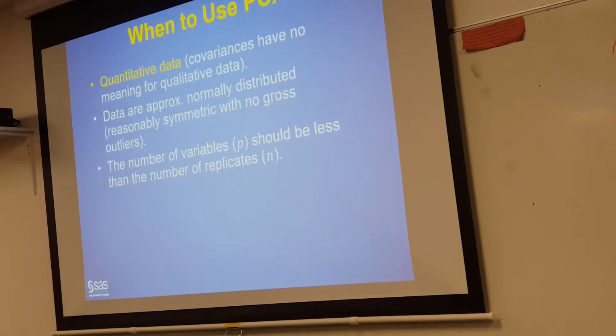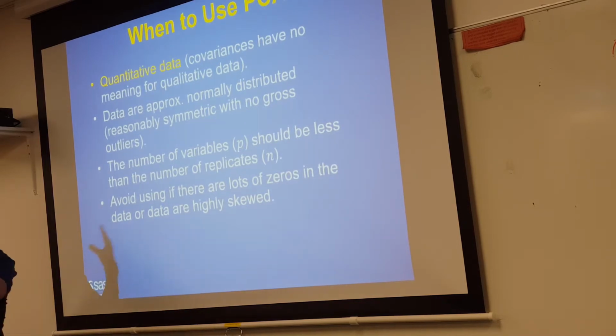So it's likely not to be a very good solution. So if you've got highly over-dispersed data, if you've got lots of zeros and some big values, big skewness in the data, this is basically the same point as this one here, then it's a problem to do a PCA. It can give misleading results due to those outliers.